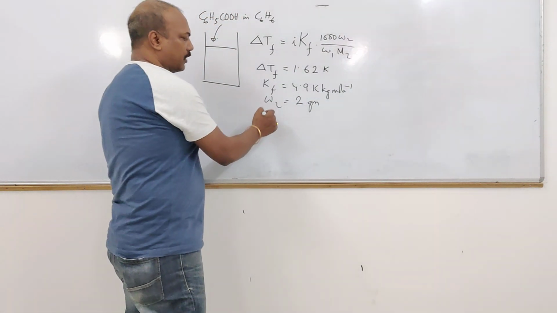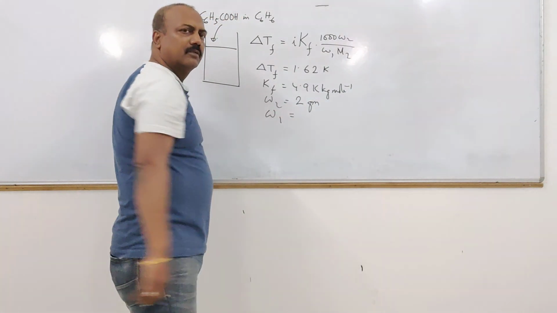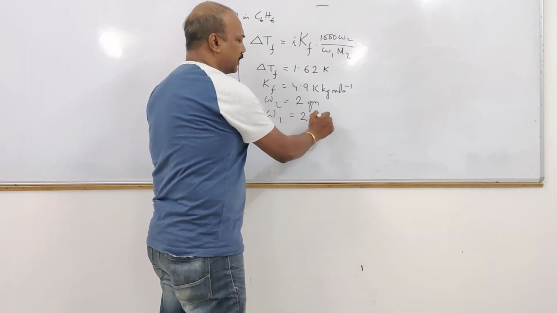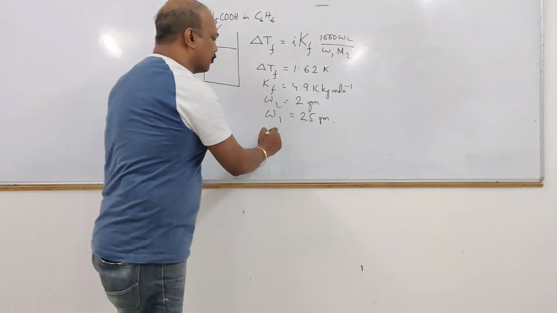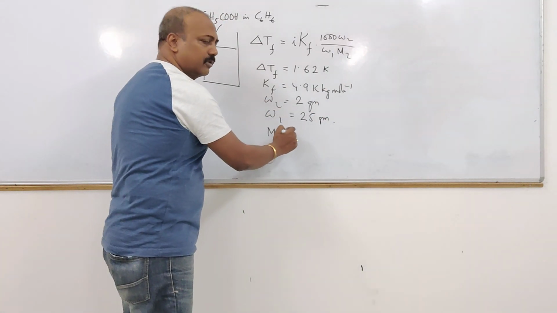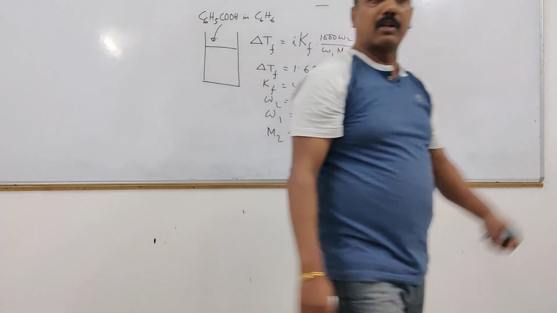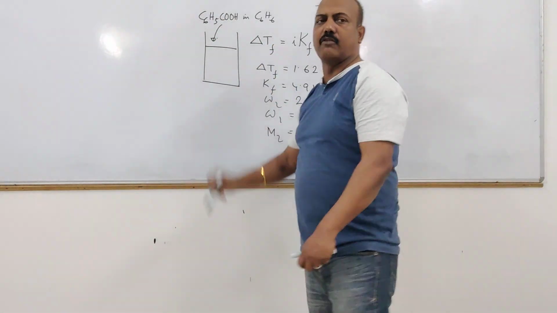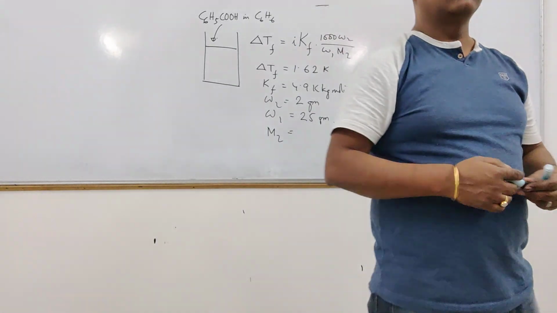Then W1, mass of solvent, is also given, 25 gram. See, it's very simple. Then M2, molar mass of solute. Can you find it out? You know the molecular formula, C6H5COOH. So calculate it. How much is coming?